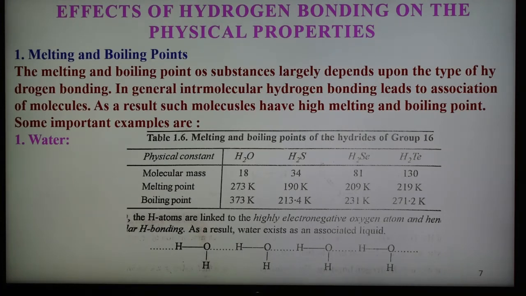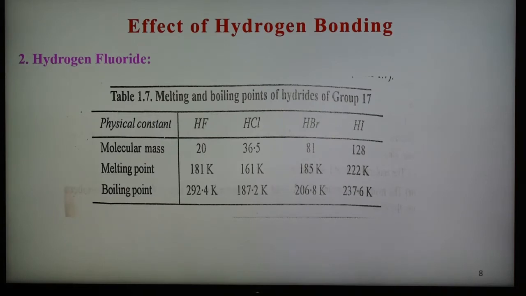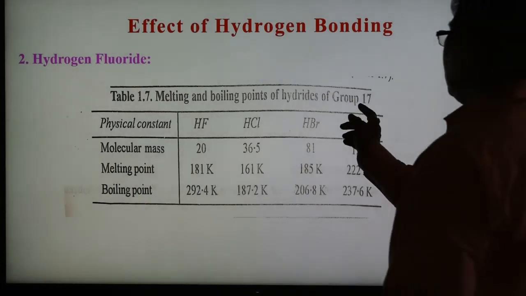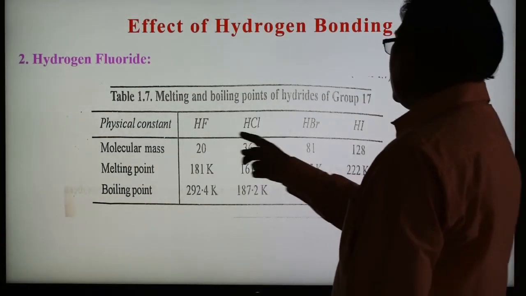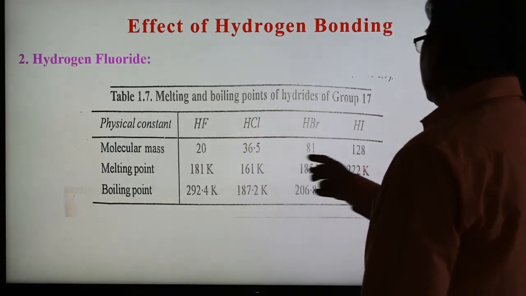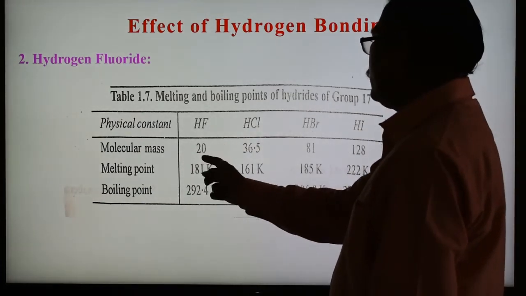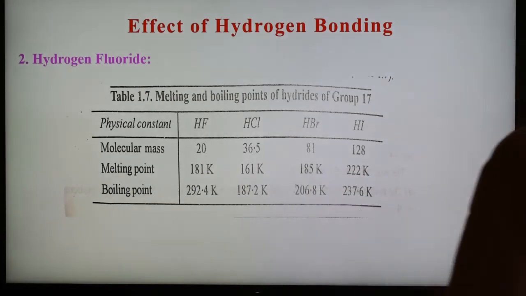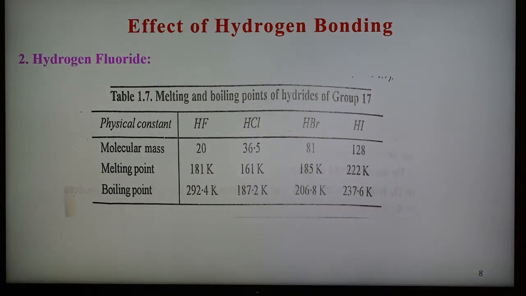The second important example here is hydrogen fluoride. In the case of hydrogen fluoride, the hydrides of group number 17 are shown here with boiling points. These are the compounds of fluorine, chlorine, bromine, iodine. Molecular mass is given, and this one has the lowest molecular mass. Melting point is shown, and boiling point is also shown here.